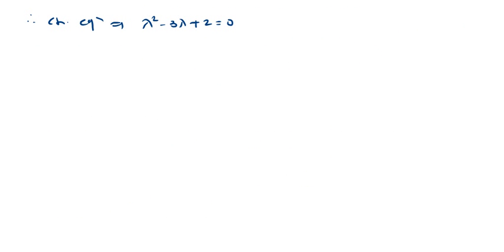Okay, now what do we need to check? Whether the given matrix satisfies this characteristic equation or not. By the Cayley-Hamilton theorem, every square matrix, and our matrix is A, will satisfy this equation.